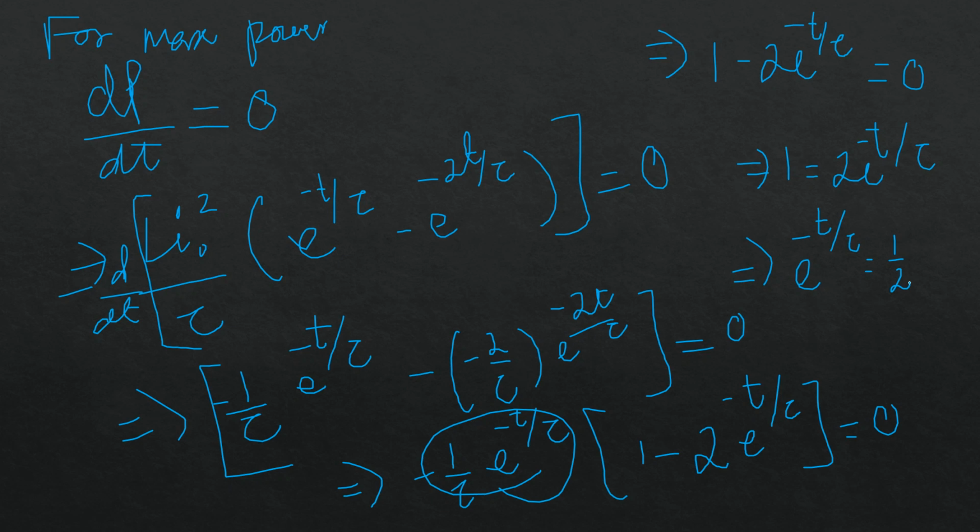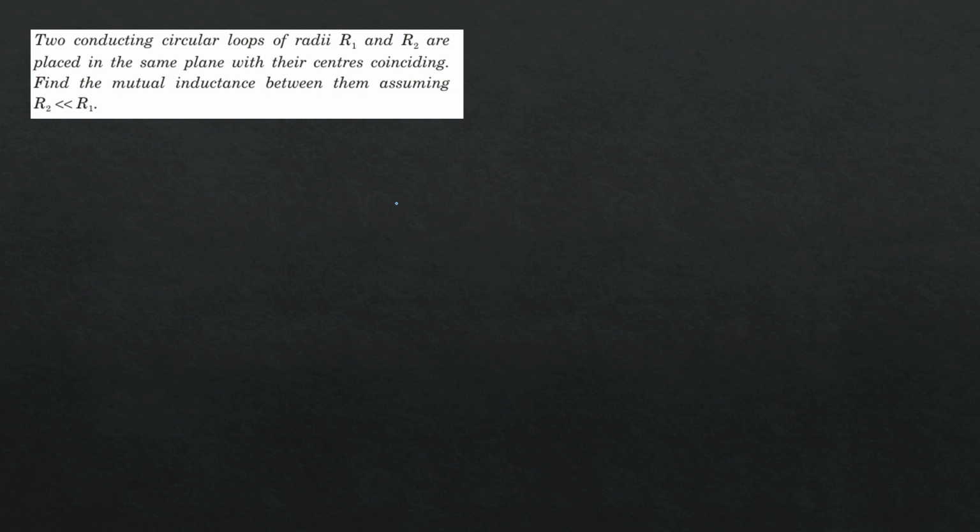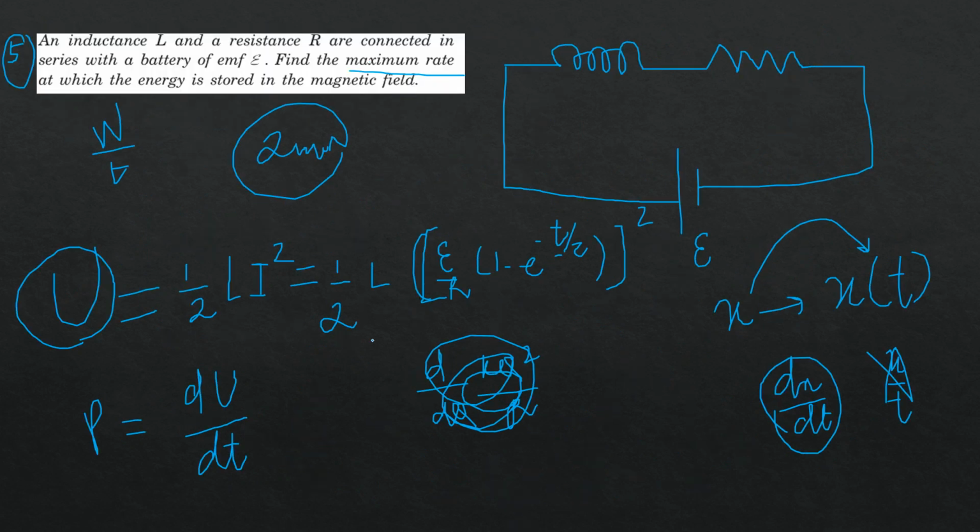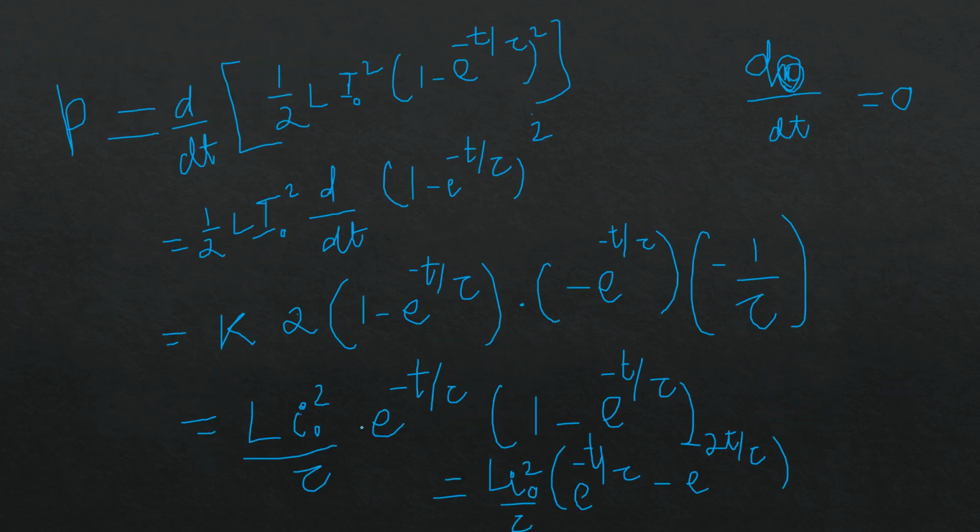So now what is asked? P max. What is the question? Maximum rate of change, that means maximum power. Alright, so this is the P. Correct? See carefully here.